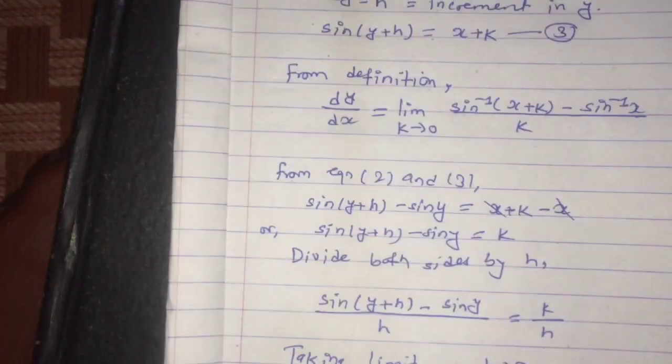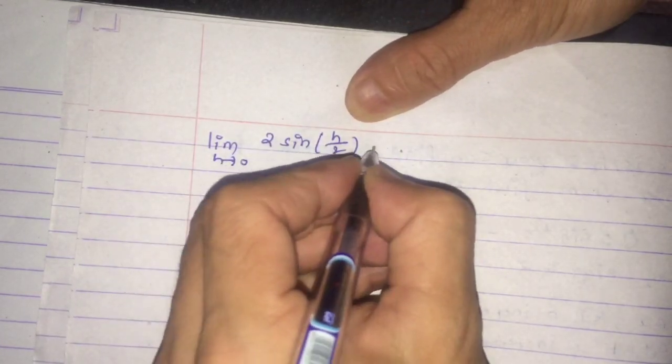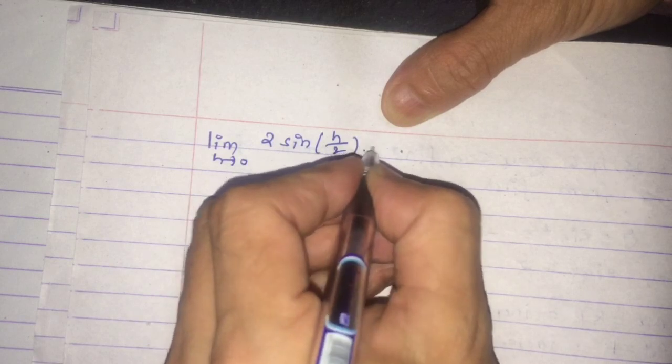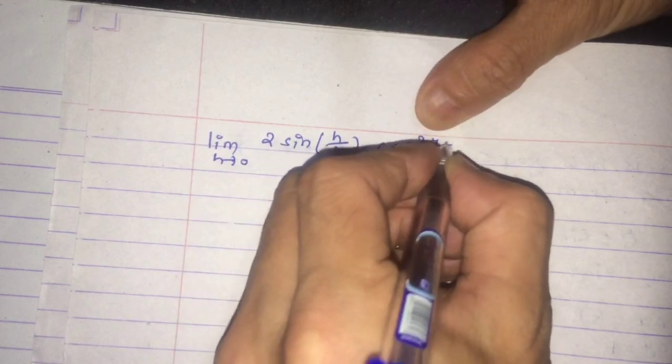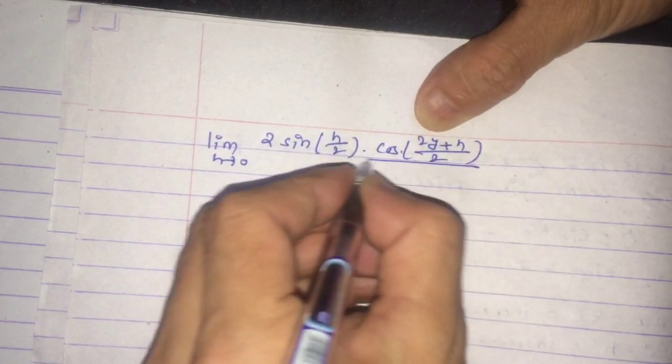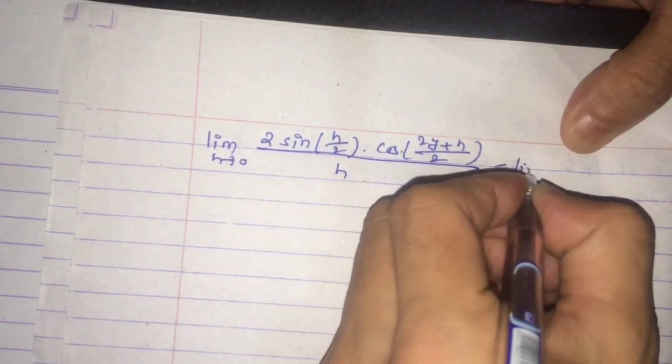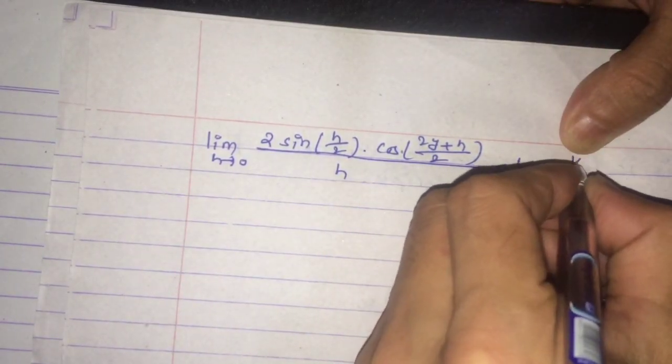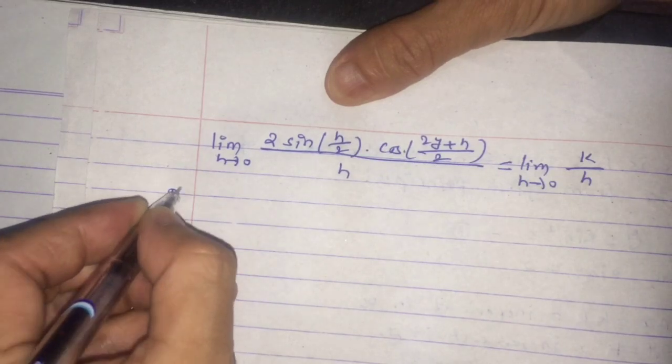In the next line we have limit as h tends to 0 of sine of h by 2 times cos of (2y plus h) by 2, whole divided by h, is equal to limit as h tends to 0 of k divided by h.